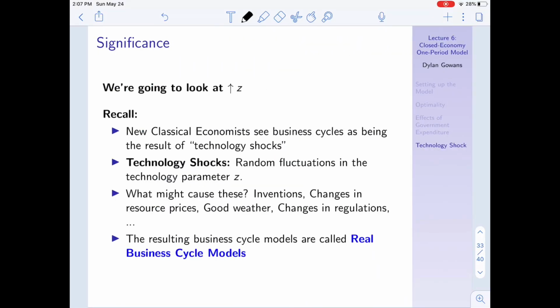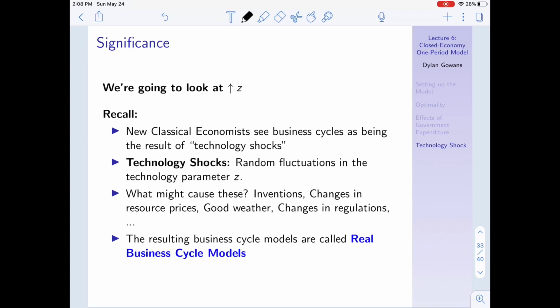So recall that new classical economists see business cycles as being the result of changes in technology. I mentioned this once before in the business cycle facts lecture. But remember, these new classical economists came around in the 70s and 80s and they said the earlier Keynesian view that recessions are due to insufficient aggregate demand is incorrect.